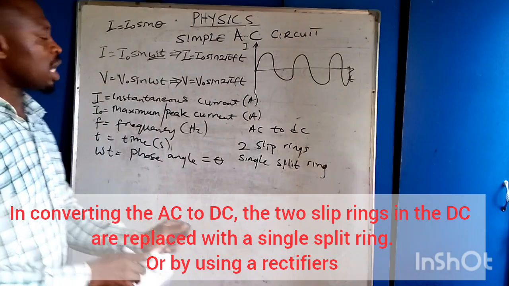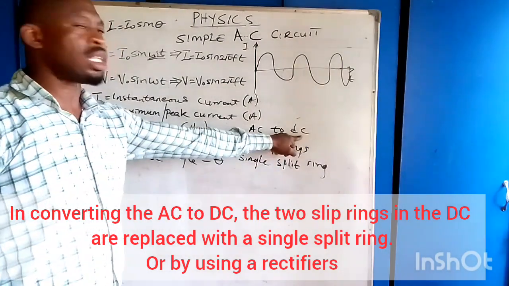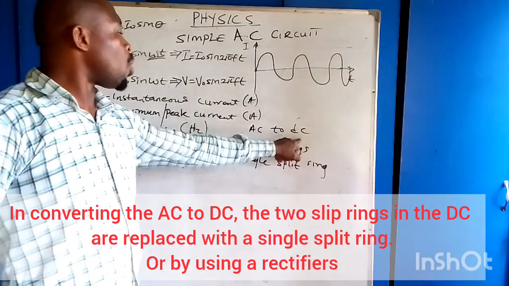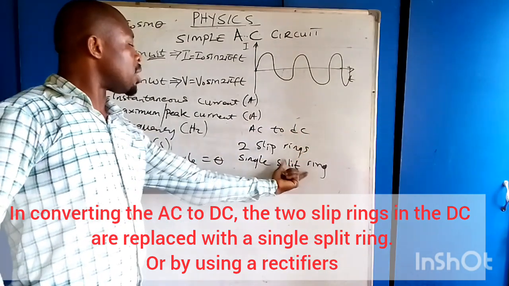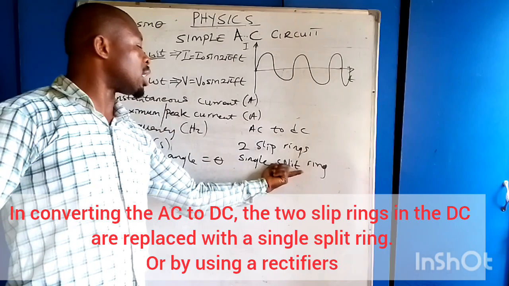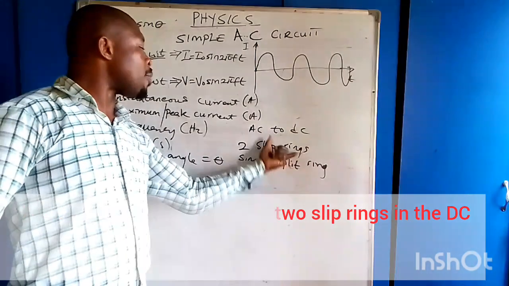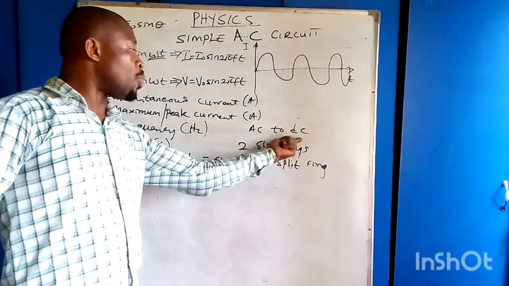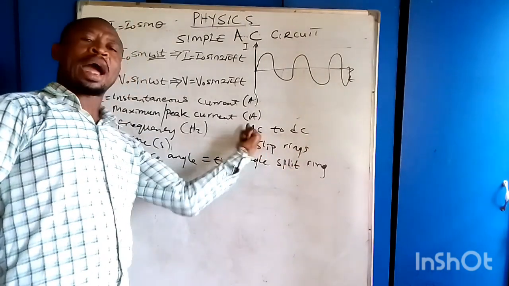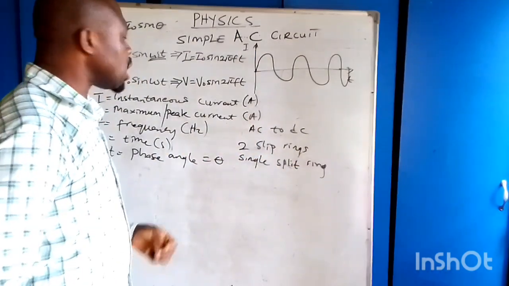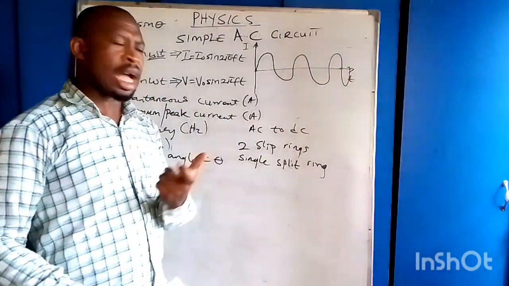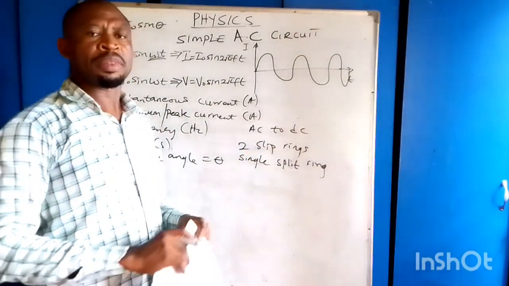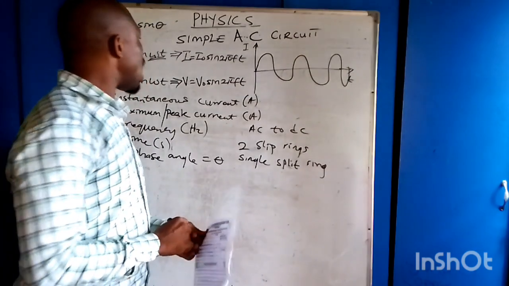Now if you replace it with a single split ring, what you now have is a direct current. But you can still move from direct current to AC: you can replace the single split ring with a double slip ring. Once you replace it with a double slip ring, you are back to an AC circuit. You can as well use a rectifier to do that conversion from AC to direct current.